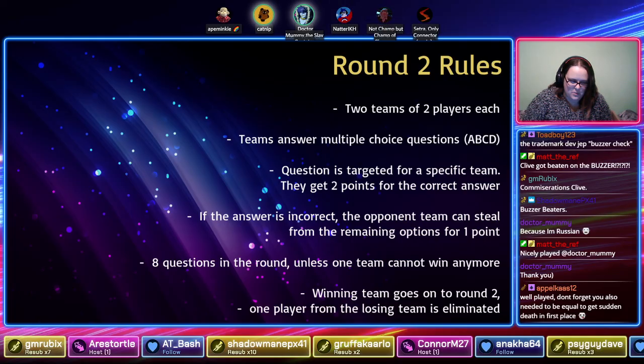Okay. So we have Dr. Mummy and Grunkel. Actually, if you don't mind, it's Cetra and Liam as team 1, and Dr. Mummy and Grunkel are team 2. In theory, it matters for which gets which questions. The way it's going to work technically, I'm going to ask the question and show the options. So the passive team, I would like you to deafen yourselves on Discord.